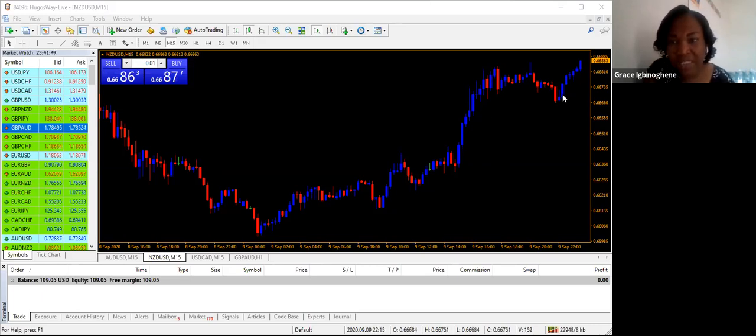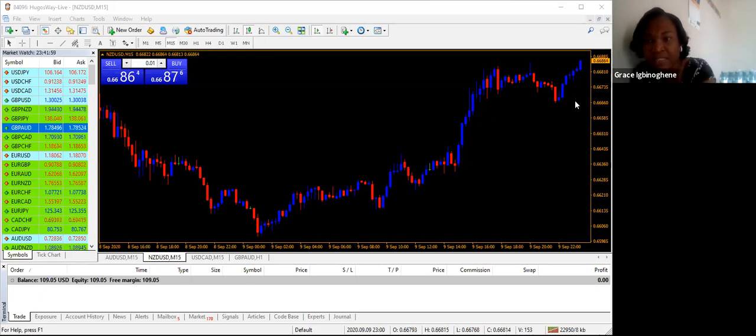Yeah, so I choose to enter this market at this long candle. So I say, okay, my entry point is about 0.6666. Where will I put my stop loss? I just come down to the next one here. That next number here, I put it as my stop loss. So let me just enter this trade.